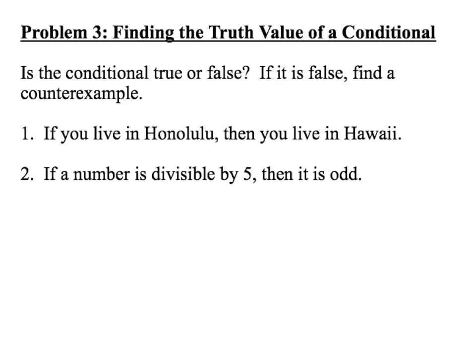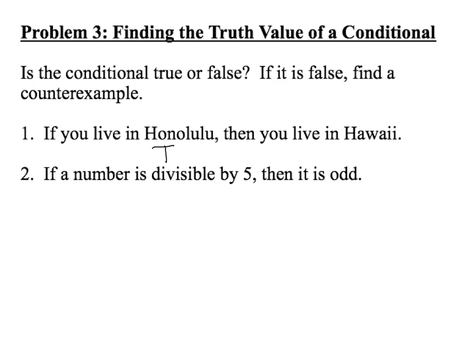You should try to find the truth value in these next two problems by pushing pause, and if the truth value is false, find a counterexample or an example that makes that false. First one, if you live in Honolulu, you live in Hawaii. Now this is saying if you live in New Prague, you live in Minnesota. Well, that's true.